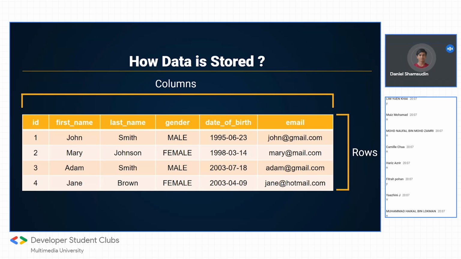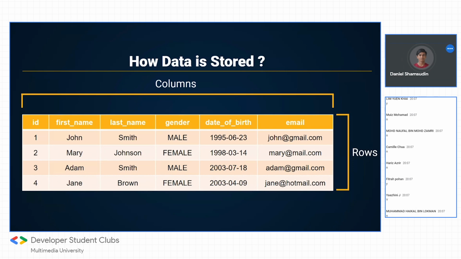As you can see, we have four rows now: John Smith, the first row, and then Mary Johnson, Adam Smith, and Jane Brown. You can imagine the four rows being four different persons with their gender, date of birth, and also email. The columns here represent different attributes. What are attributes? I'll go into it later after this.